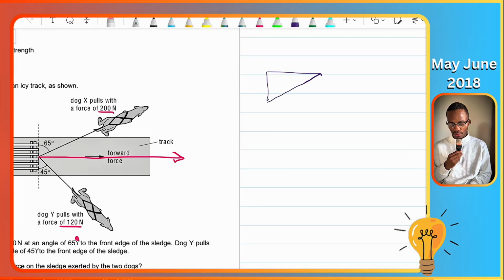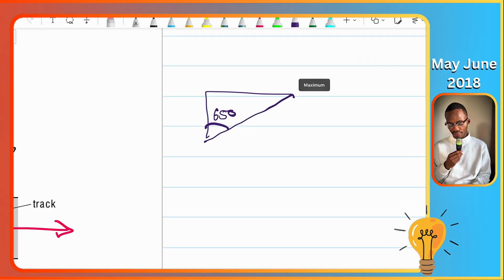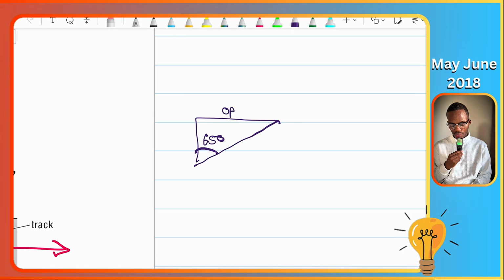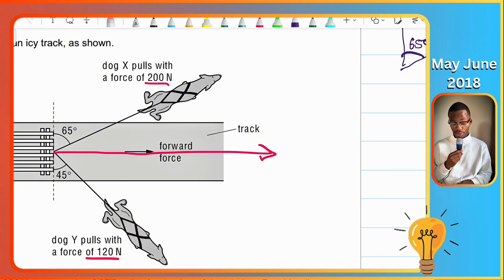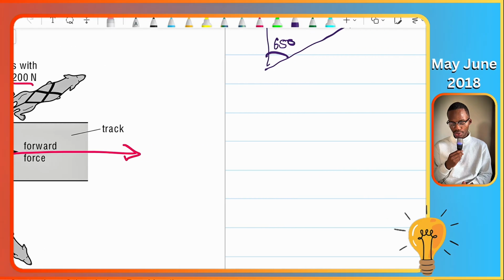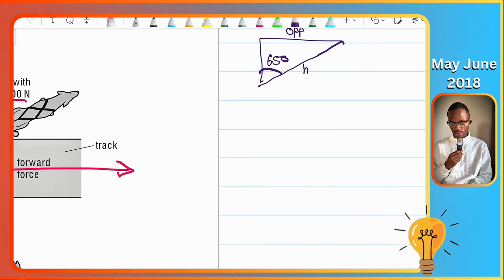If you were to create a little triangle like this and put 65 degrees here, the opposite of that is this thing over here, over the hypotenuse. Sine 65 will be equal to your opposite divided by your hypotenuse, and your opposite will be equal to your hypotenuse times sine 65.